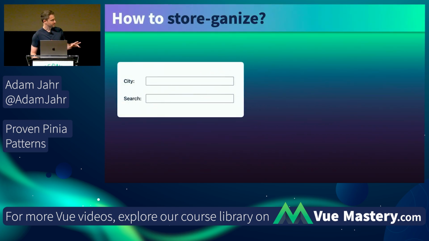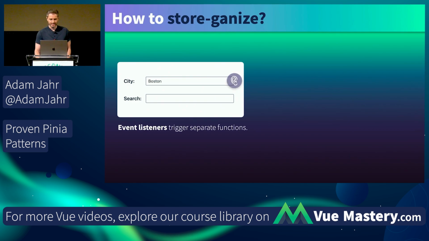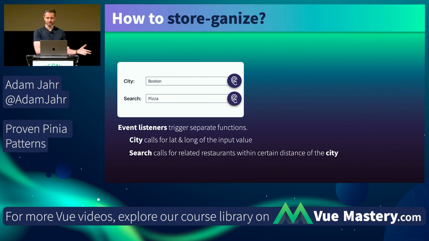Both inputs have event listeners that trigger a function when the user types in text, and each of those functions makes a call to the Google Maps API. The city calls for latitude and longitude, the location typed in by the user. The search calls for relevant restaurants within a certain distance of that city.